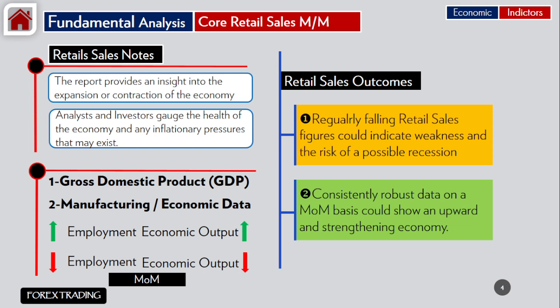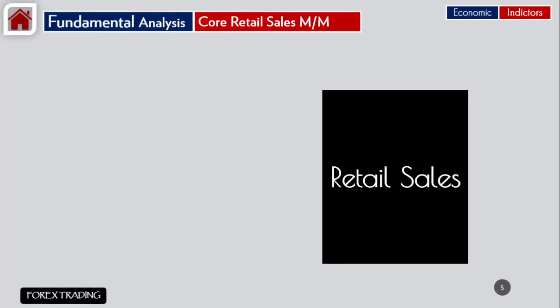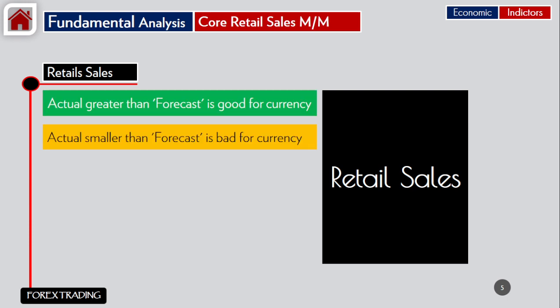So what is the possible outcome of retail sales? If falling retail sales figures come regularly, then it indicates that the economy is weakening. And if there is consistently strong data on a monthly basis, that could show an upward and strengthening economy. When the data comes out in the market, if the actual is greater than forecast, it's good for the currency, and if the actual is smaller than forecast, then it is bad for the currency.